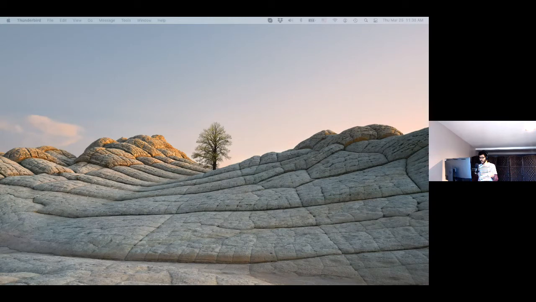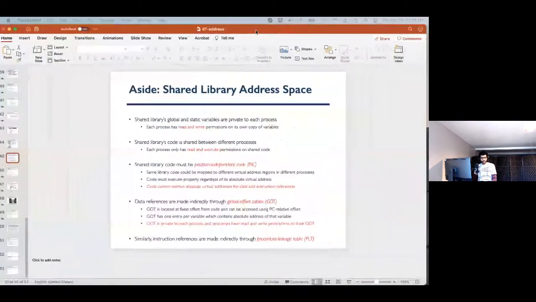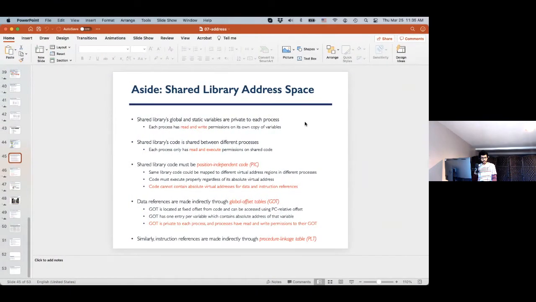Next step for us is to talk about caches and then how to make address translation faster, which is coming next. Okay, so the topic that we stopped on last time was on shared libraries.